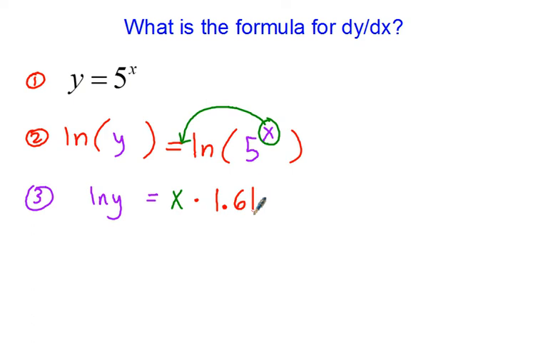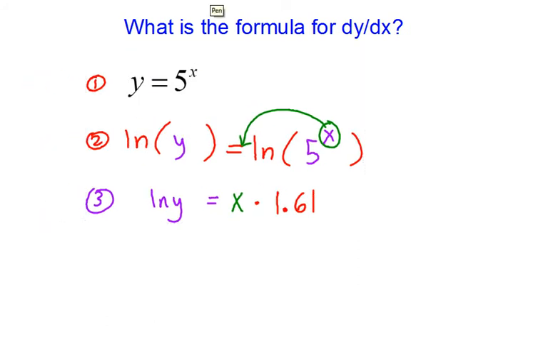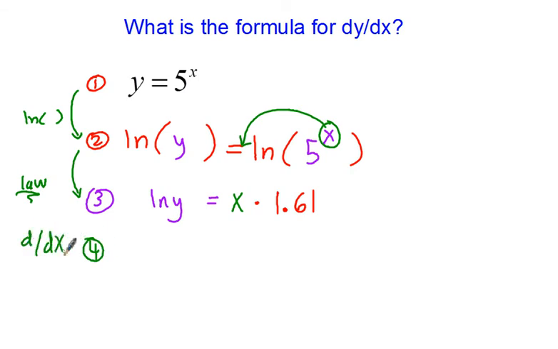Okay, so let me just keep track of what I'm doing over here. The first thing we did was take a natural log of each expression, and then we just used a law of logarithms. Okay, and now let's go ahead and hit both sides with a derivative. We're going to take d dx of both sides.